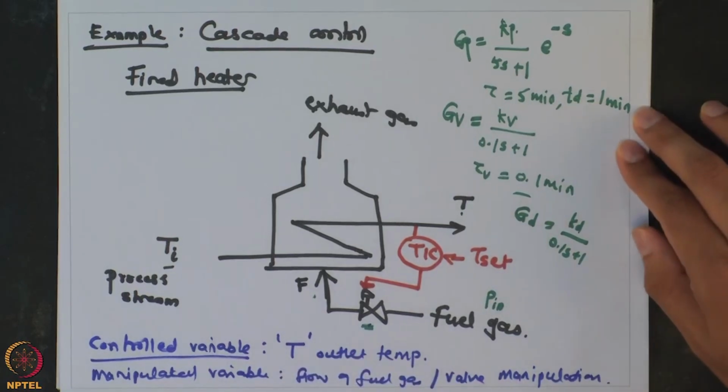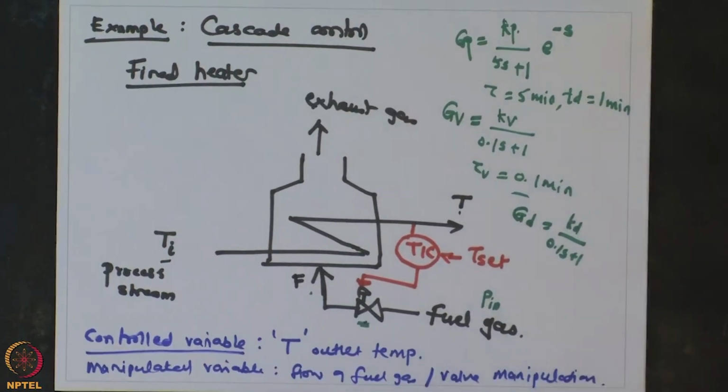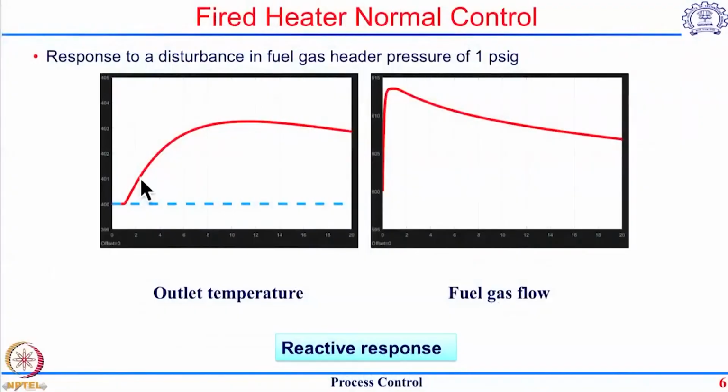So, here is the corresponding response in a simulation model for this system. So, you can see that up to 1 minute there is no effect on the outlet temperature, whereas the fuel flow increases to a high value because of this disturbance, and it remains there because the pressure disturbance is considered as a step change.